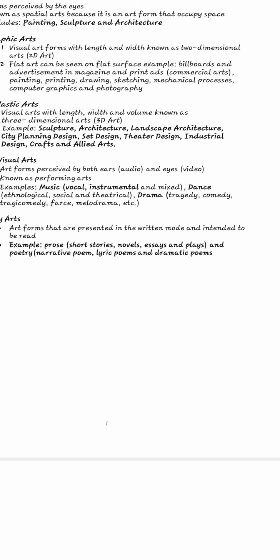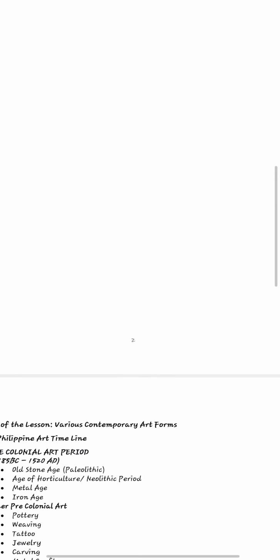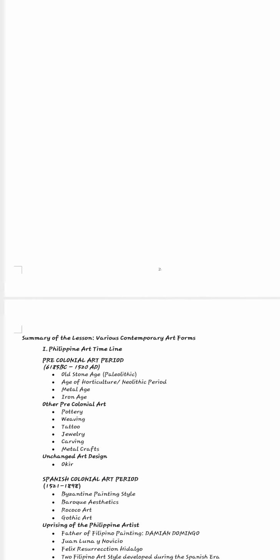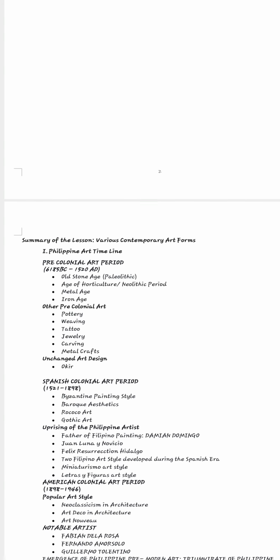You can show all your inside thoughts and feelings in literary arts. Examples are prose, short story, novels, essay, and plays. And of course, poetry is also an example of literary arts. So this is the summary for the traditional art.